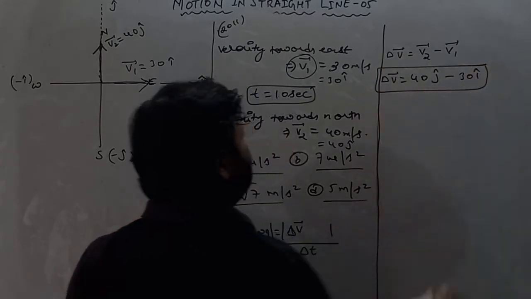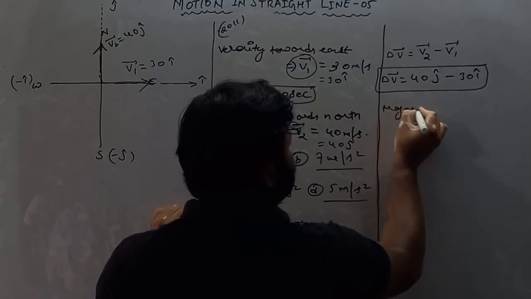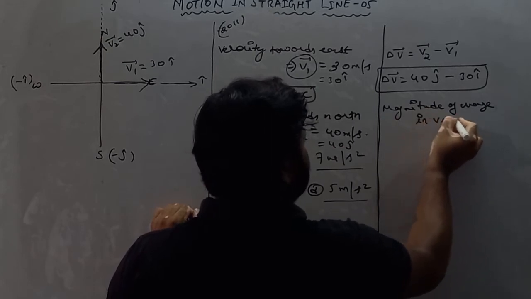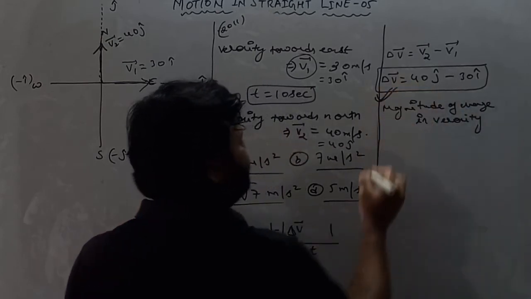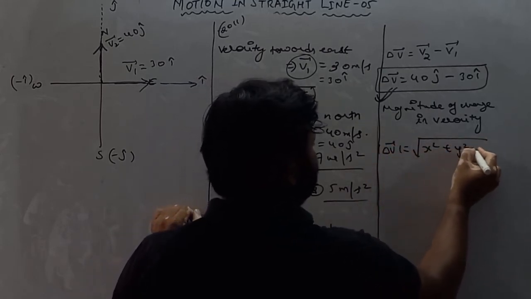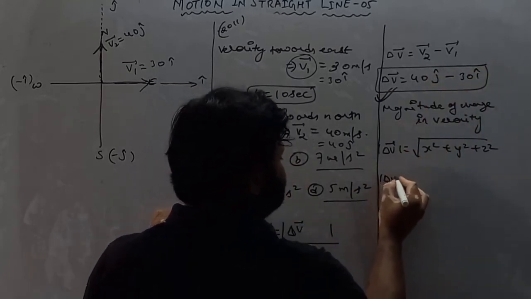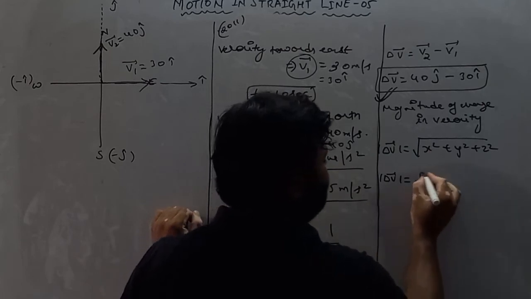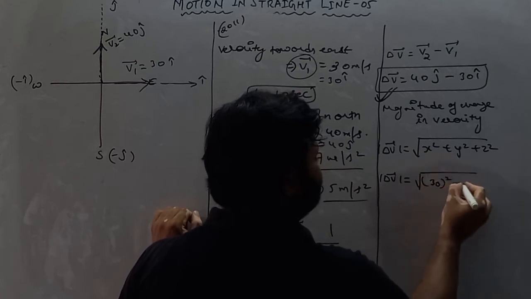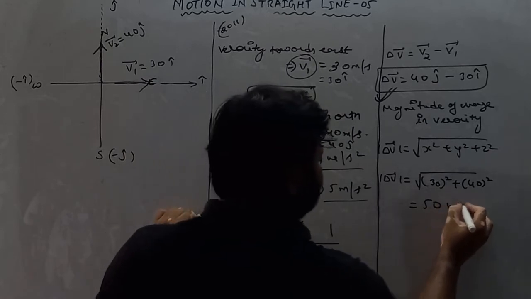Now to find the magnitude of change in velocity, it is under root x square plus y square plus z square. z is not given, only i and j are there. So it is under root 40 square plus 30 square. If you solve, you will get 50. So it is 50 meter per second.